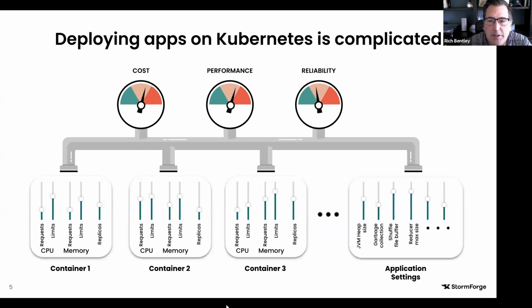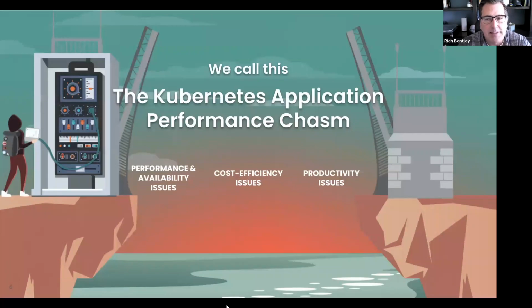If you go to the next slide, so we've seen this at enough companies to have developed a name for it. We talk about it as the Kubernetes application performance chasm. And it's really the gap between the promise of cloud native, realizing all the benefits that we talked about, and all the challenges that come into play if you're unable to realize those benefits. So you get in this mode where you're always reacting to performance and availability issues.